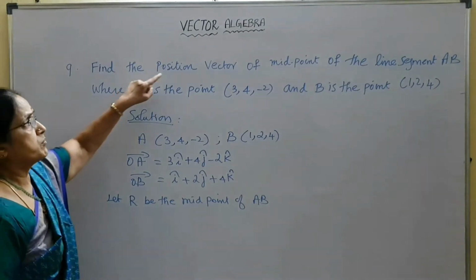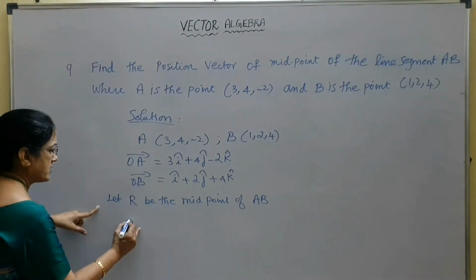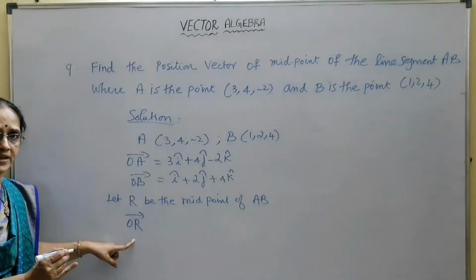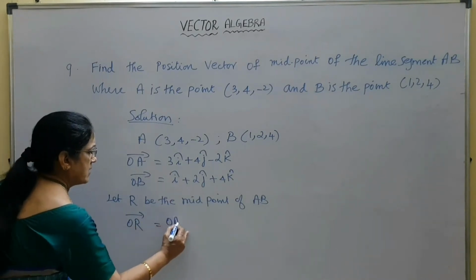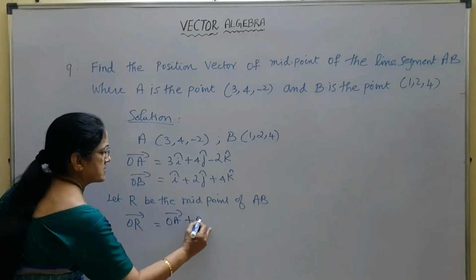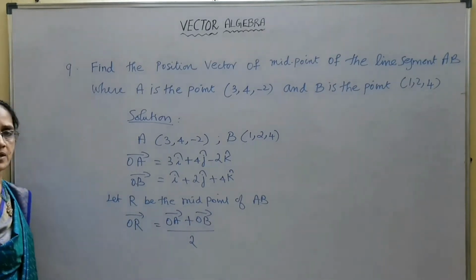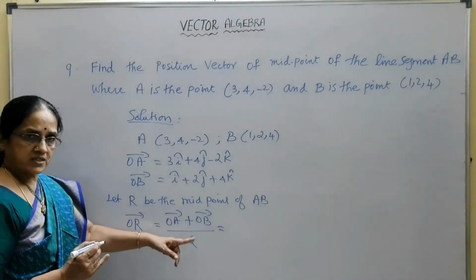Okay, you need to write the position vector of the midpoint. So, the position vector of the midpoint is nothing but OR vector. I know the midpoint formula, which is nothing but OA vector plus OB vector by 2. So, let me substitute for OA vector and OB vector over here.